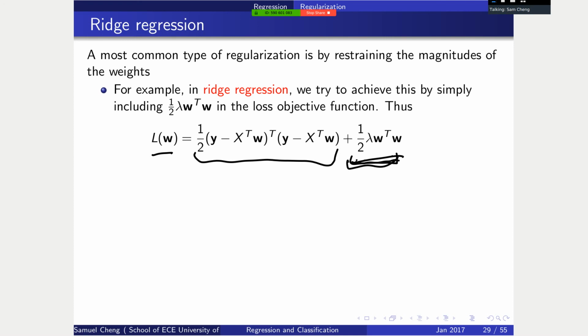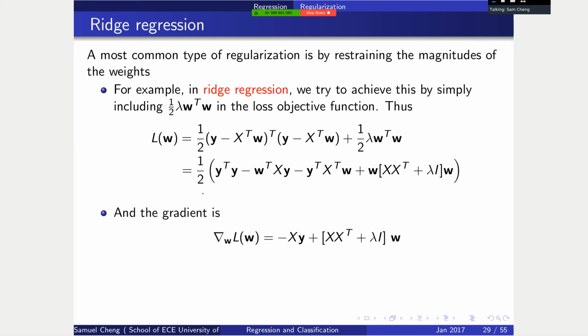Then I have this ridge regression, and the nice thing about ridge regression is that it has the same shape as before. If I expand that, I also have terms like W transpose X transpose X W, and this can be grouped into this term here. Previously we know that if I take the derivative of this, I can solve for W, right?